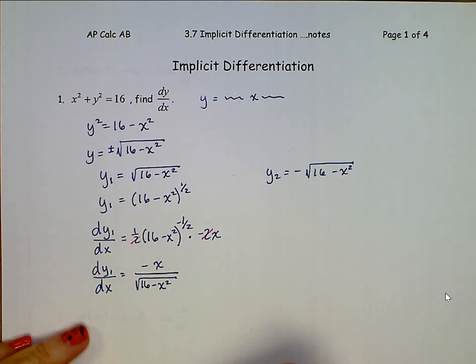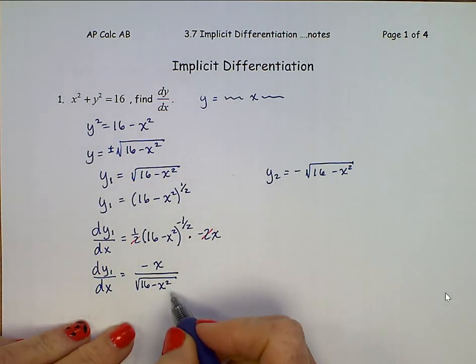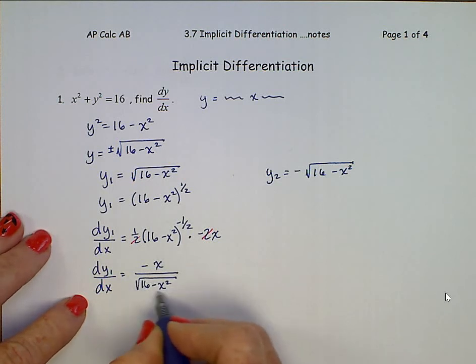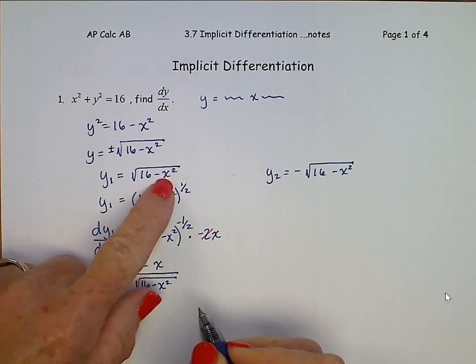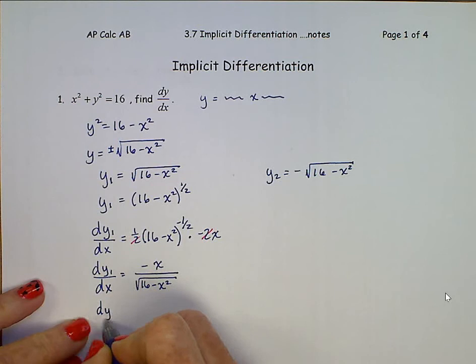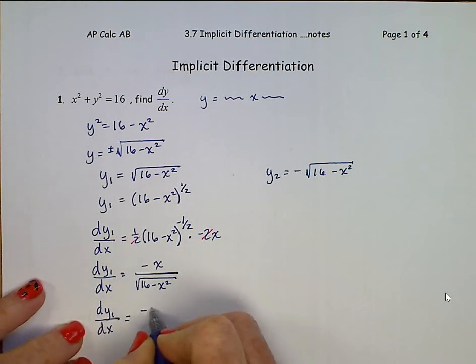All right, one step further. Do you recognize this square root of 16 minus x squared? Yeah, that was exactly y sub 1. So dy sub 1 dx is negative x over y sub 1.